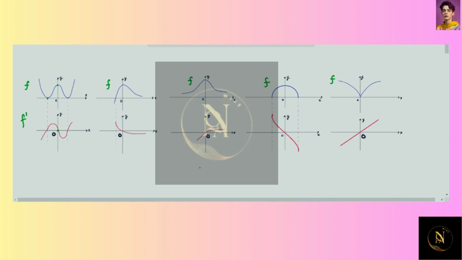Now it increases from here again. When it starts increasing, then it decreases here. This is how we plot the graph for the differentiation of f.